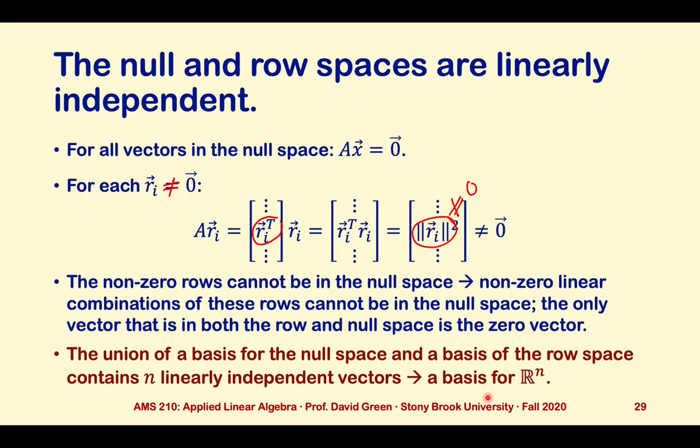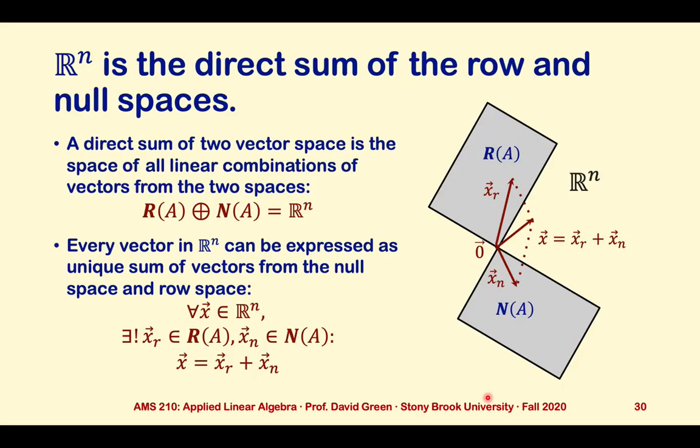This result demonstrates a really, really important relationship between the row and the null spaces. Essentially, the row and the null space together define all of Rn. What we say is that Rn is the direct sum of the row and null spaces.